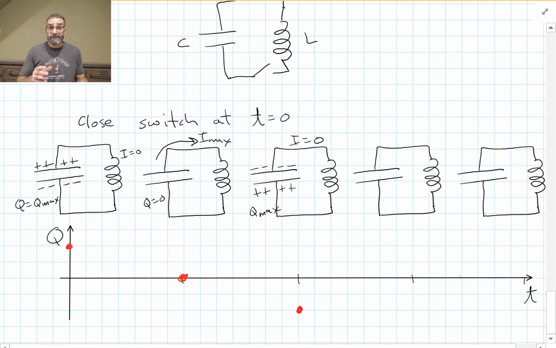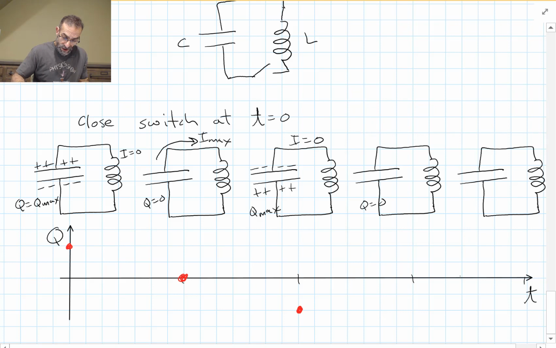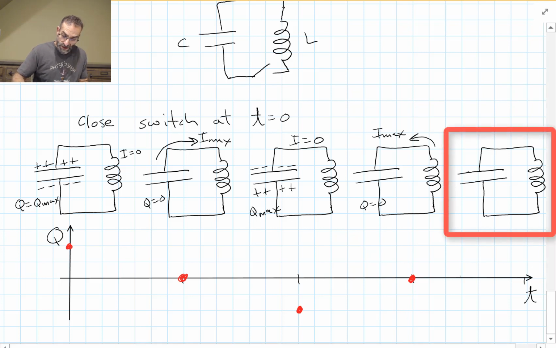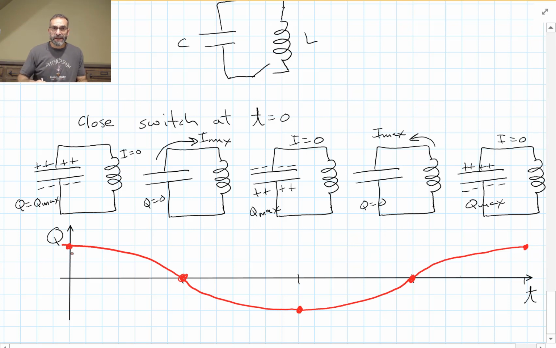The charge is maximum, but the charges on the plates are reversed. At some time later, I'm back to Q equals 0, and I've got my maximum current flowing, but in the opposite direction. And then I'm back to where I started. And I get a curve that looks something like this.